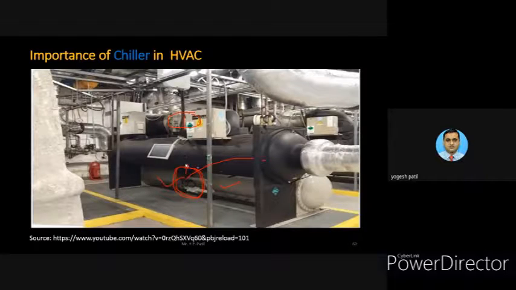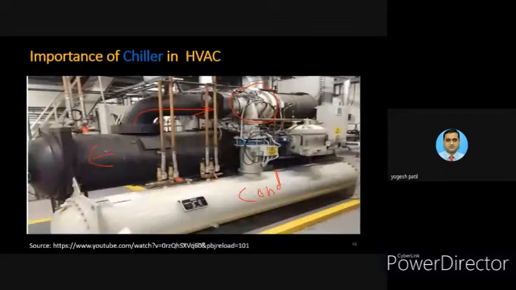The output of the compressor is connected to the condenser, and the condenser output is connected to the expansion valve, and this expansion valve output is connected to the evaporator last. And on this side you can see there are pipes connected over here. One pipe is for the inlet and another pipe is for the outlet.